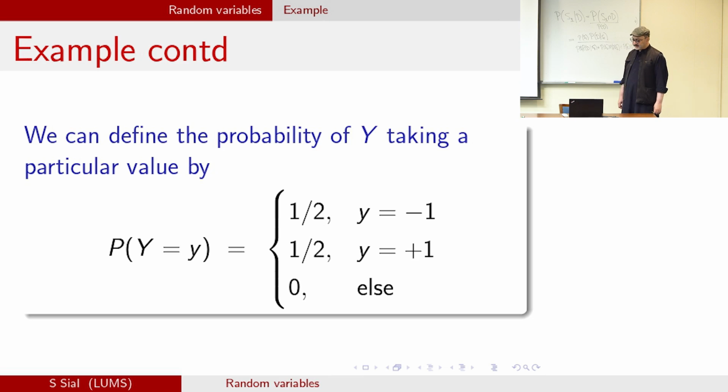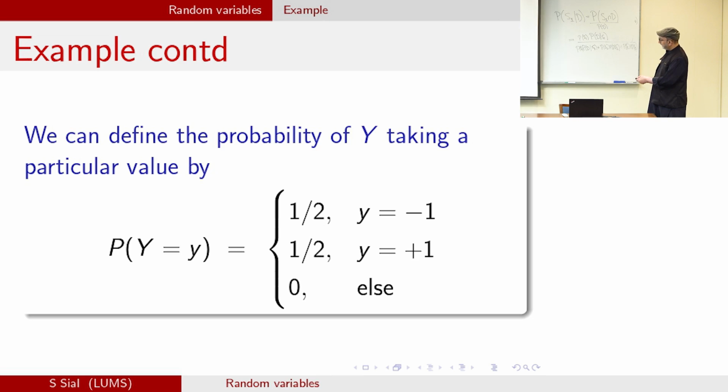Okay, so this is one way of summarizing that information. The probability that the random variable Y takes the value small y is 1/2 if y equals -1.